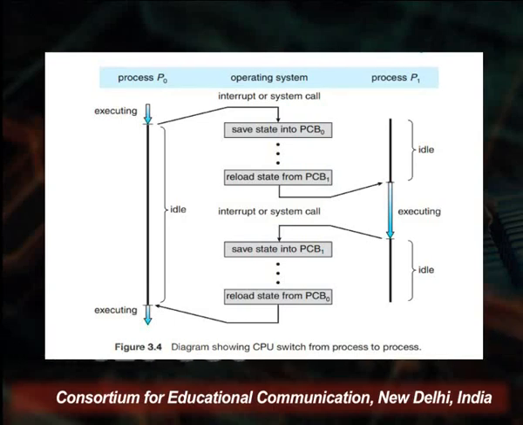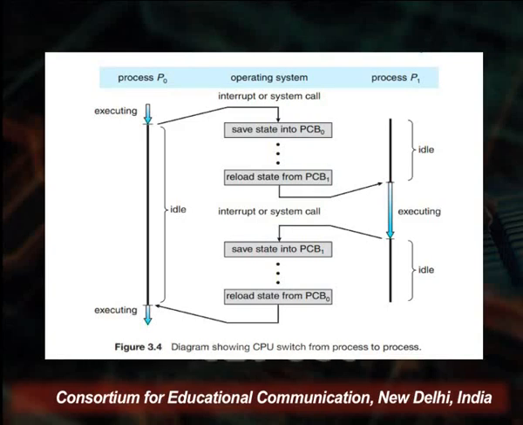This process P0 will go from the executing state to the idle state, and for this state change we need to save the state inside the process control block. Let us say we name it PCB 0, which takes account of process P0. So, the state has been saved in PCB 0.